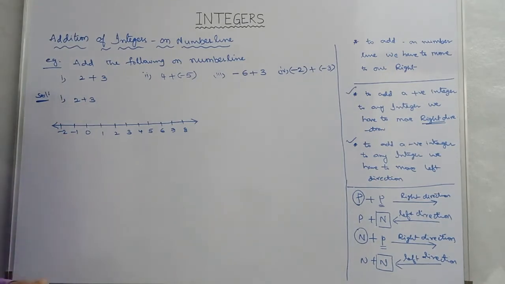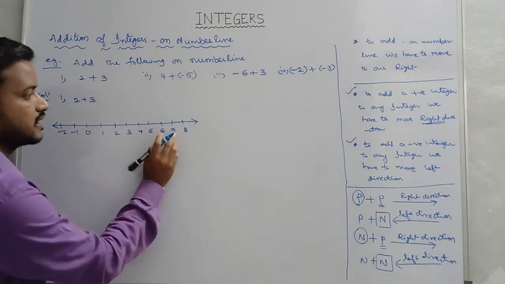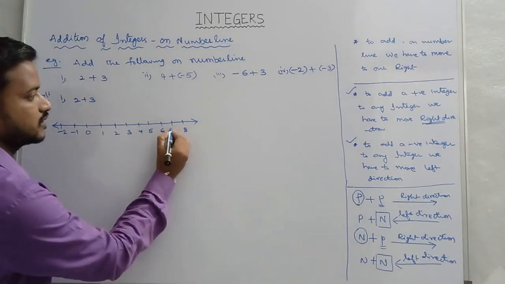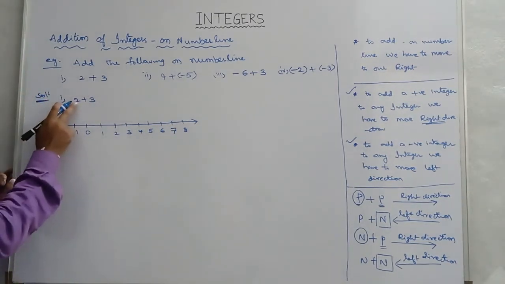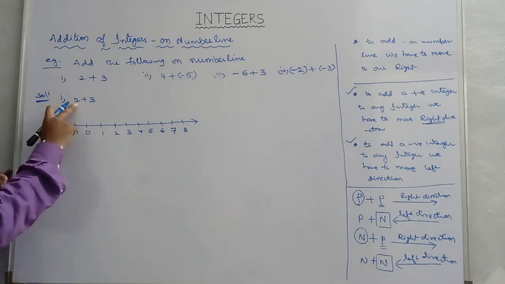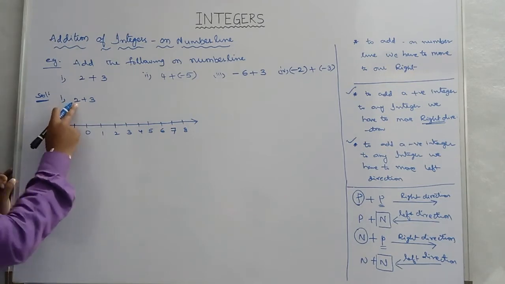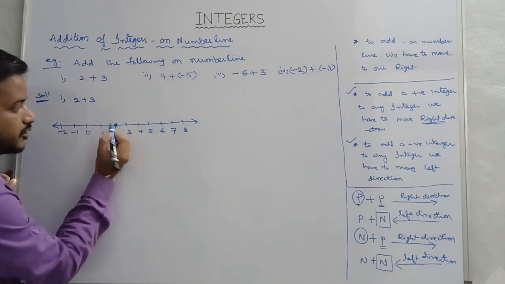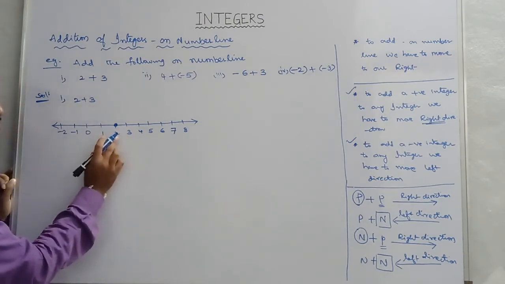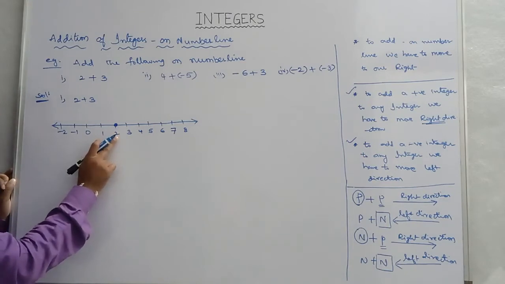Now to solve this on number line, what is the first integer? Identify the first integer. First integer is what? 2. So you have to consider a point at 2, means this is the position of first integer 2.